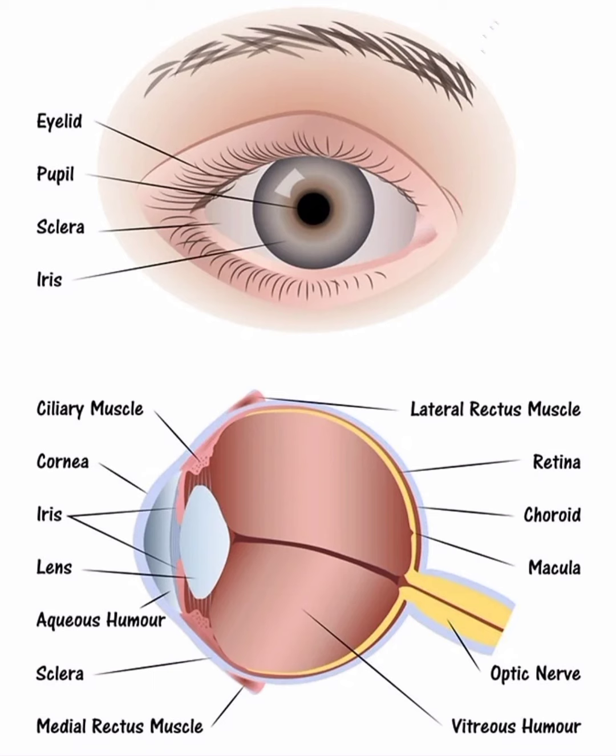Besides eyebrows, there are eyelashes also. What is their function? They also protect our eye from dust particles or other foreign substances entering the eye and prevent eye damage.